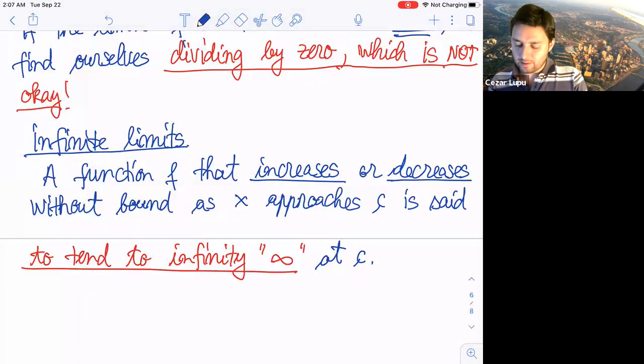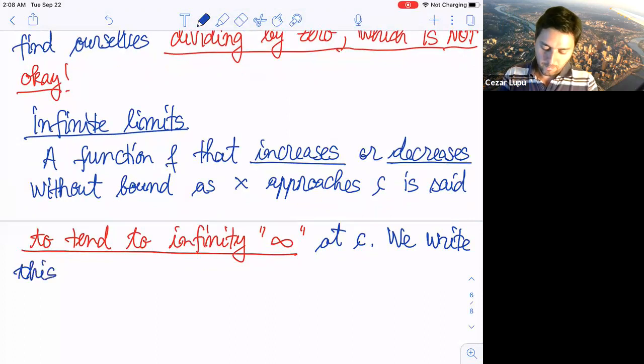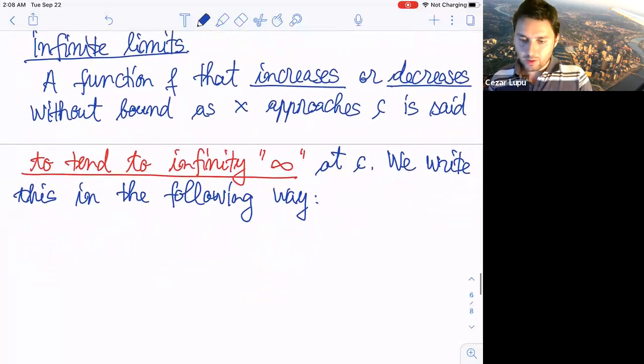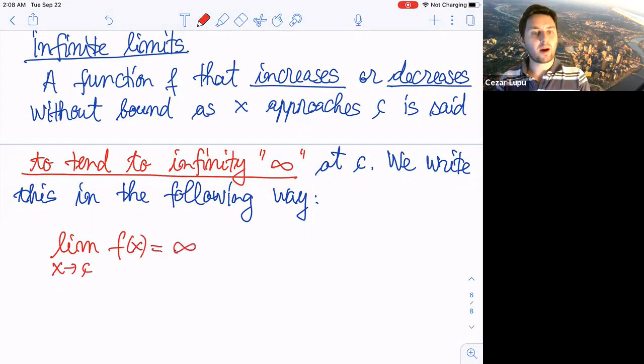Let's indicate, we write this in the following way. And I'll show you how we write this. So we will write this as lim as x approaches this constant c of f of x, and this will be infinity. So we're going to write it in this way, right?